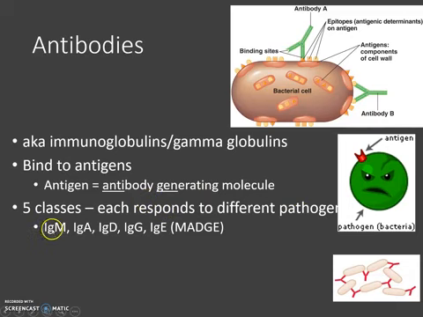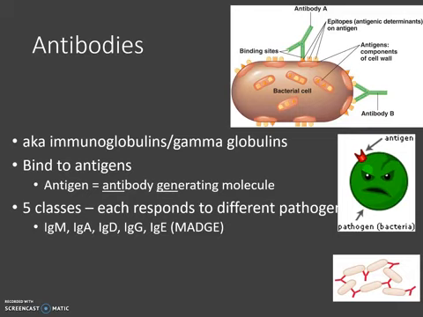There are 5 different classes of antibodies, and you can remember them because they spell out the word MAGED. The Ig stands for immunoglobulin, and then IgM is one type of immunoglobulin, and then there's IgA, IgD, IgG, and IgE. And each one corresponds to a different type of pathogen. So one type of antibody might be present when bacteria is the pathogen.